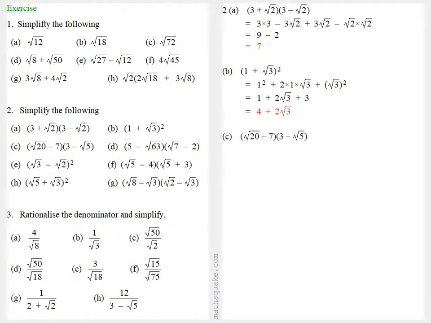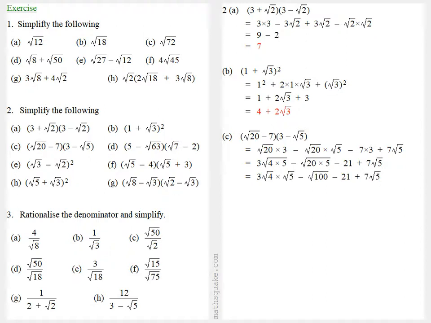In question C, we have the square root of 20 minus 7 times 3 minus root 5. Well, that's root 20 times 3 minus root 20 times root 5 minus 7 times 3 plus 7 root 5, which is 3 times the square root of 4 times 5 minus the square root of 20 times 5 minus 21 plus 7 root 5.